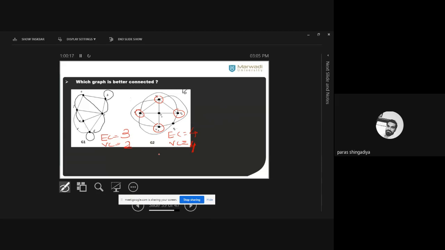Because in the first graph the vertex connectivity is 2 and edge connectivity is 3, so if you destroy any 2 vertices, the graph is disconnected. In the second graph you have to destroy at least 4 vertices for the graph to become disconnected. Similarly for edge connectivity, you have to destroy at least 4 edges. So that is the better connected network: the second graph.